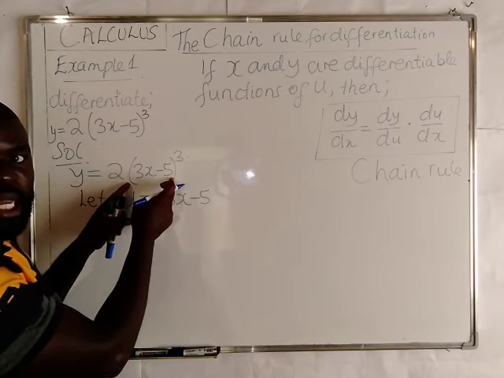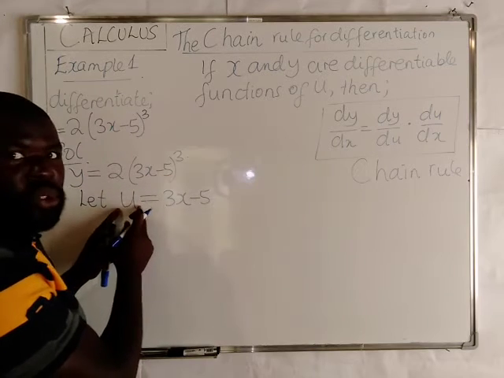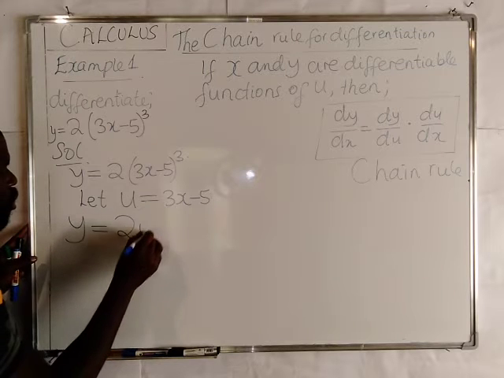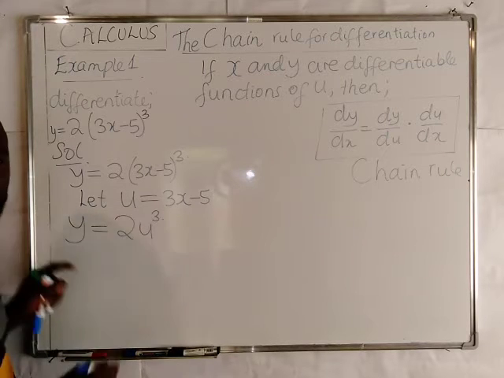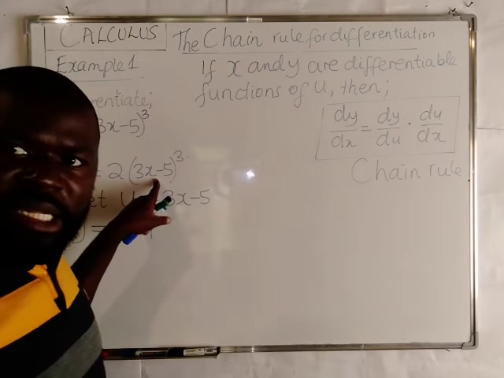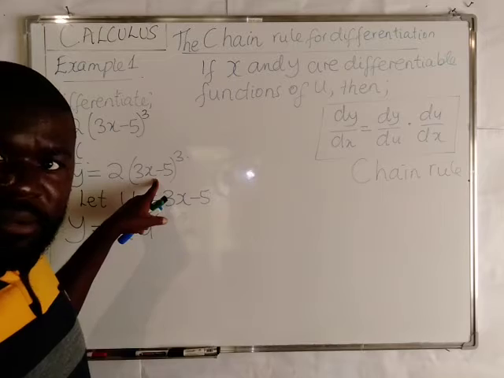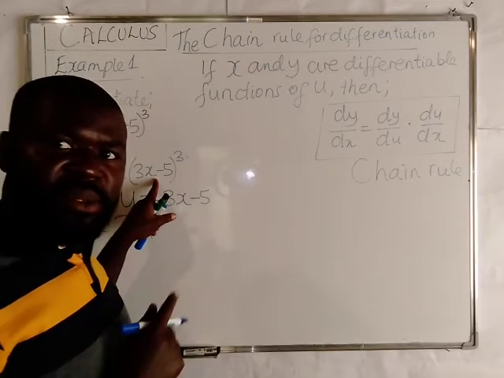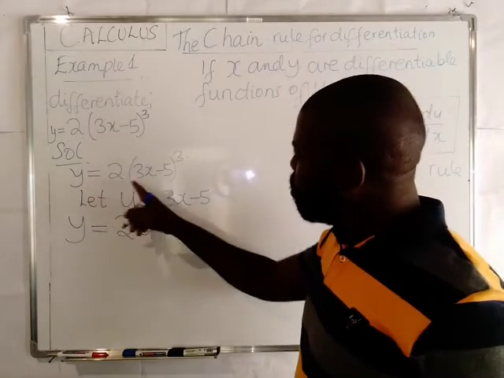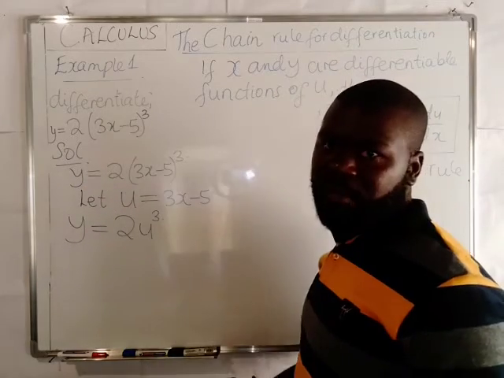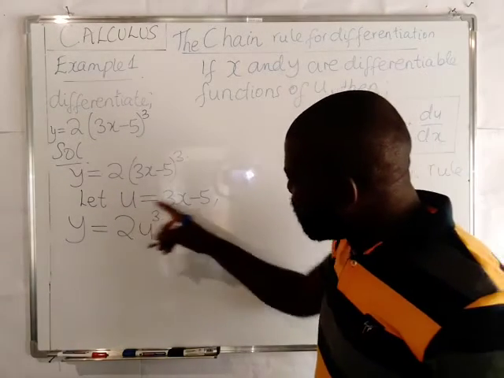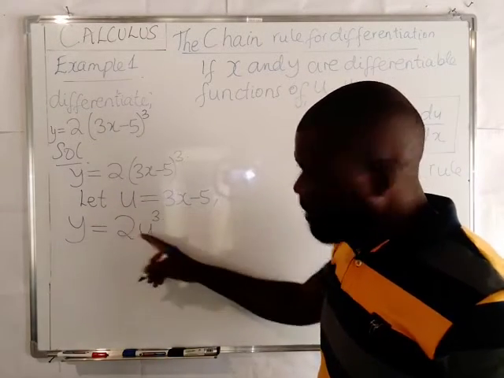So this one inside, we let it be equal to u, so that our function will be 2u power 3. When this one is u, then our function will be y is equal to 2u power 3. Once we do this letting, our u is this one, then the function becomes this one.